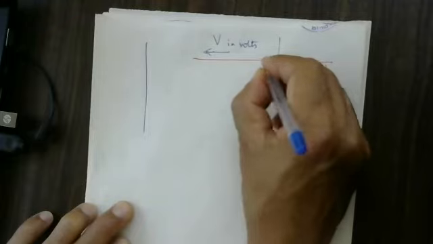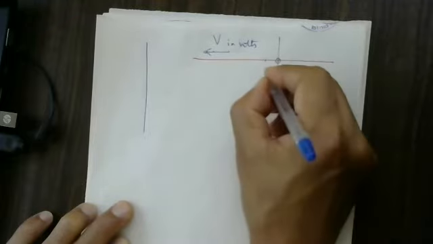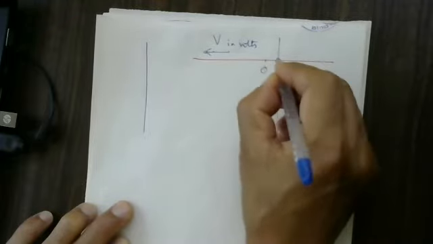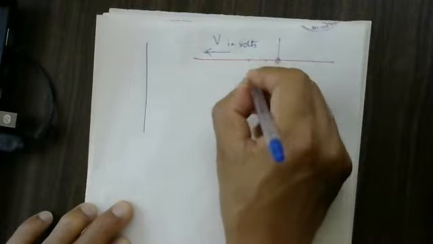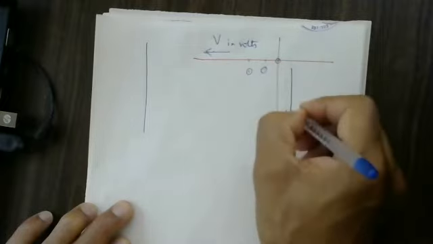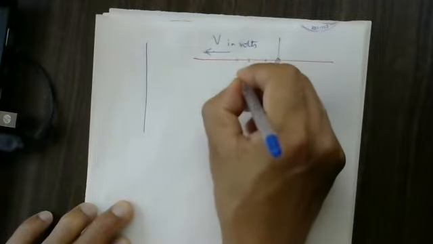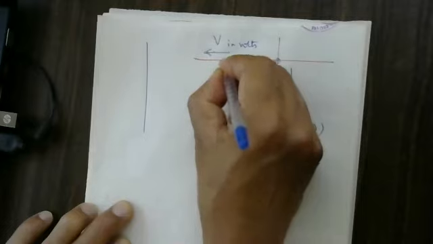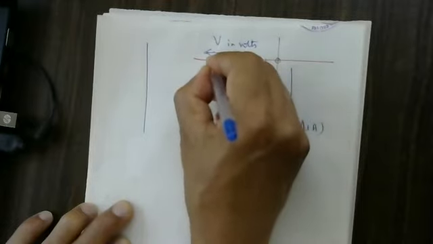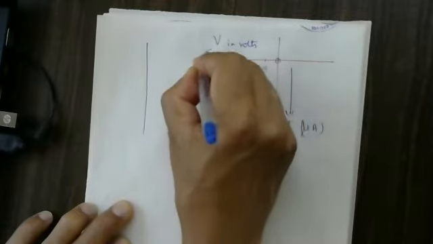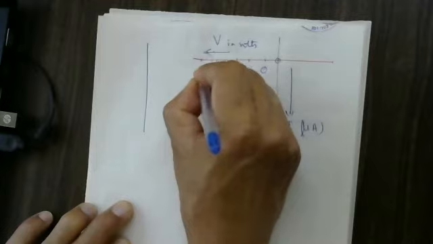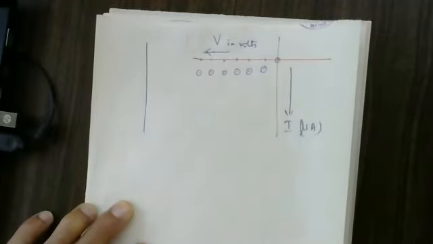For 1 volt, you are going to have 5. For 2 volts, you are getting 5 microamps only. For 3 volts, 5 only. For 4, 5 only. For 5, 5 only. For 6, 5 only. Like this you are getting.